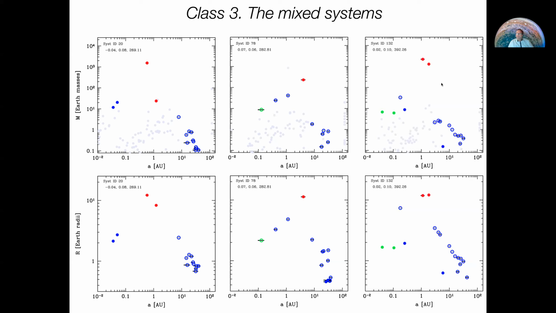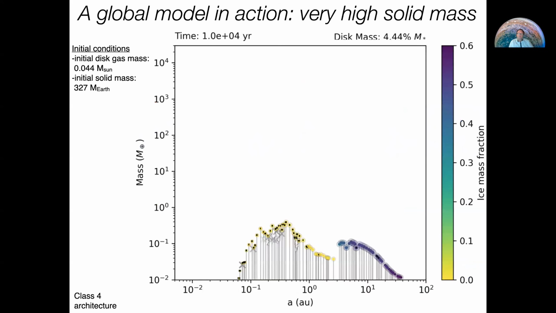But dynamically, there are some eccentricities, and you can see that sometimes there are some planets which were scattered or which had a collision, but this is less frequent than in the next case that we will see as the last cases.